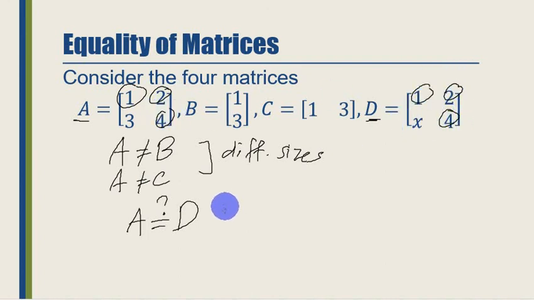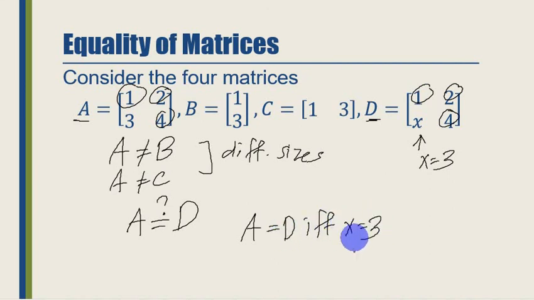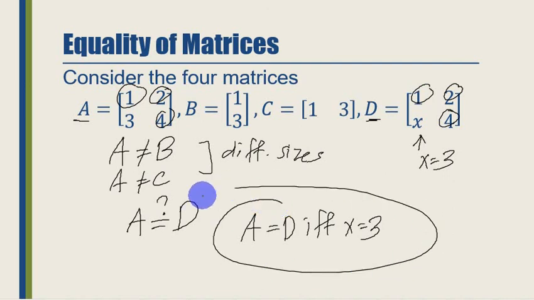If we can say that X is equal to 3, then we can say that A is equal to D. So in this, we're just going to state that matrix A is equal to D if and only if X is equal to 3. There will be cases wherein you'll be asked something like this, but remember, for matrices to be equal, they should have same size and exactly the same entries.